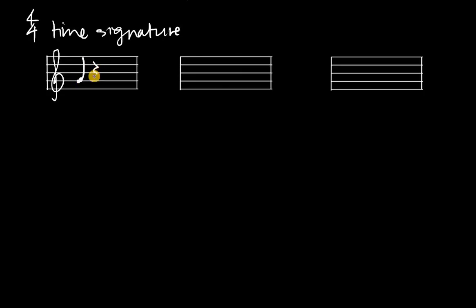So something like this. We would count it like this: 1, 2, 3, 4. If we have this and a half rest, which is on the 3rd line, you would count the same way you do with the half note. 1, 2, this is also 2 beats. 3, 4, but you rest.